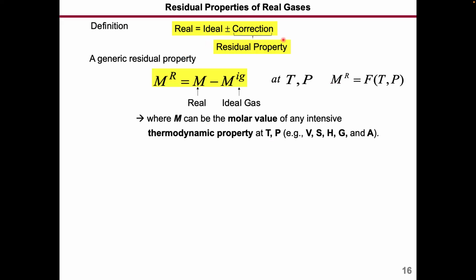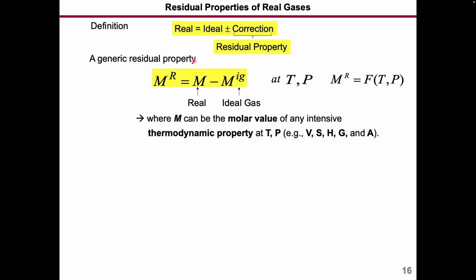By definition, the residual property M represents a thermodynamic property. It can be any of these intensive thermodynamic properties at T and P, could be V, S, H, G, A. And the residual property, like I mentioned, is going to be the difference between the real and the ideal gas properties, so M real minus M IG, where IG means ideal gas state.